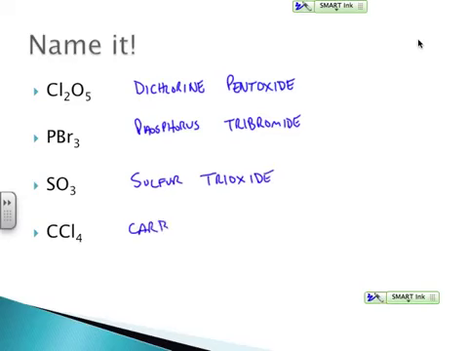And then finally, CCl4, carbon for C. 4 chlorines, so that's tetrachloride. Okay, so hopefully your answers match mine. Not too many issues there, hopefully.